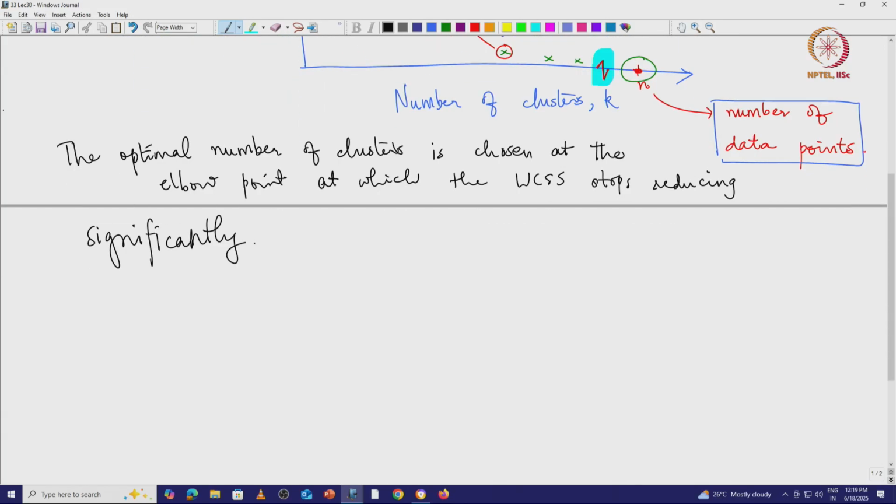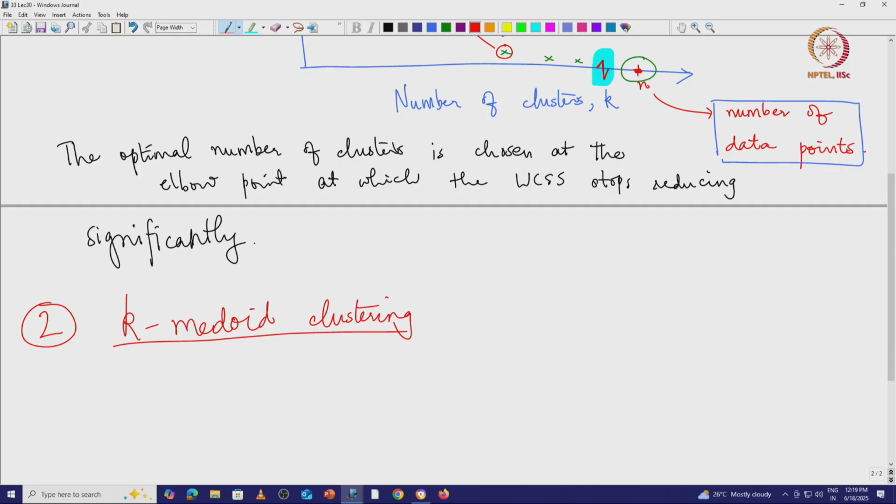I will now move on to the next type of clustering that I want to cover, and this is called K-medoid clustering. Right.